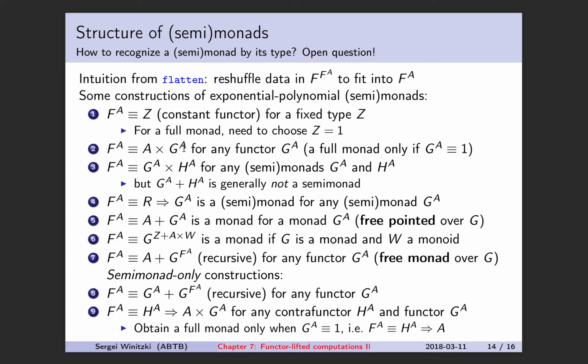The reasons are different from those in the construction we have seen before, those in construction 2, where you could have a monad where G is a monad, not just an arbitrary functor, but here you cannot have a monad, even if G is a monad. We will see how that works.